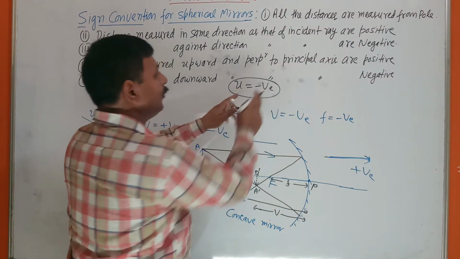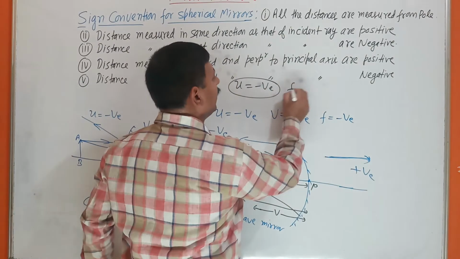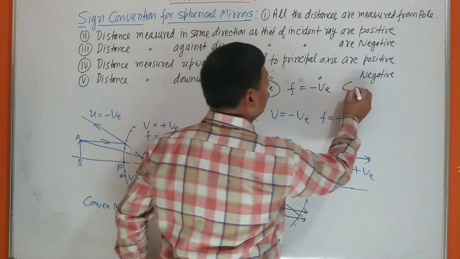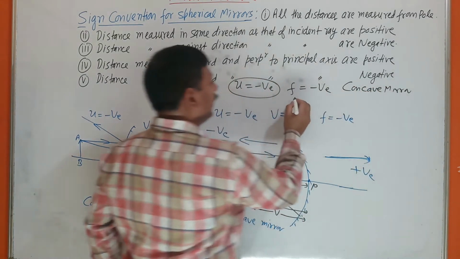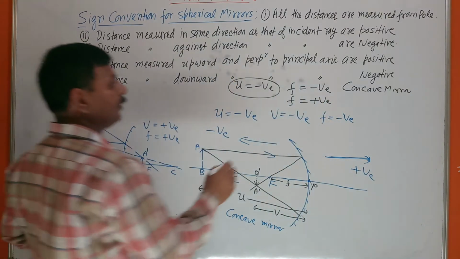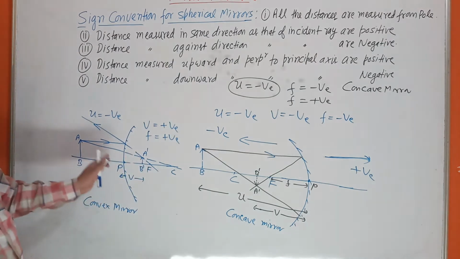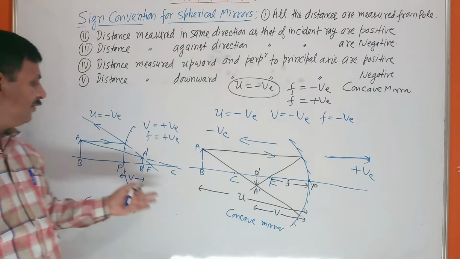So u generally will be negative, f will be negative for a concave mirror, and f will be positive for a convex mirror, because it lies on the right hand side, in the same direction as the incident ray.